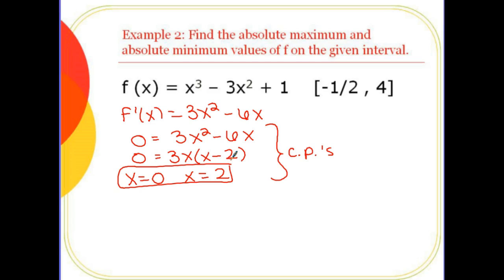Both of those lie in my closed interval. Therefore, I have to check my endpoints and all CPs to see which is the absolute. So you have to check f of -1/2, f of 0, f of 2, and f of 4.